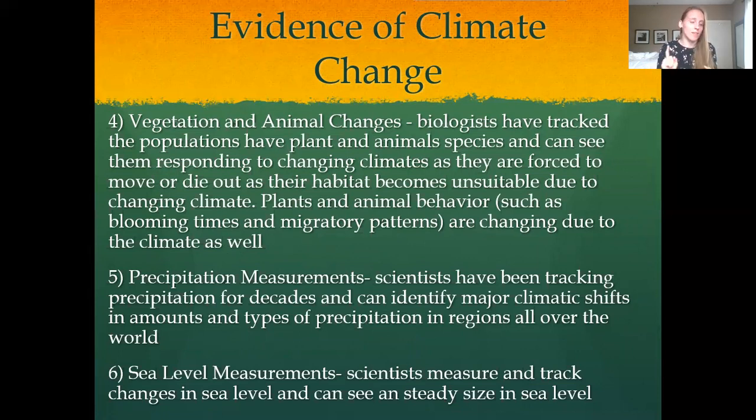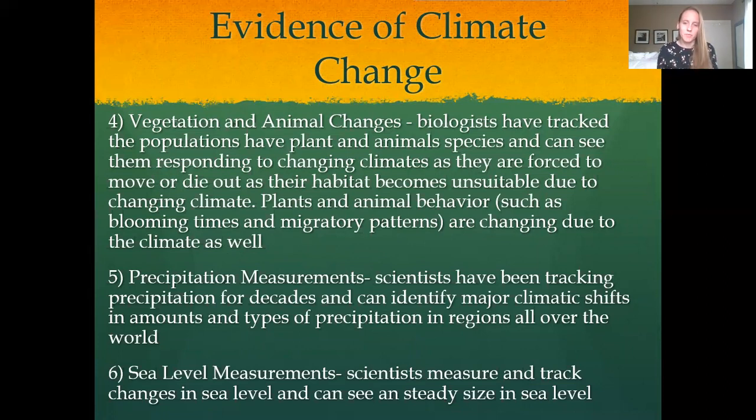And that could be, if we're looking at polar bears, a lack of sea ice is making them have to move further inland, and usually into human settlements and stuff like that in search of food.